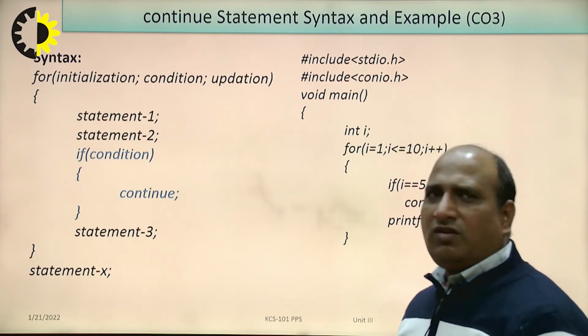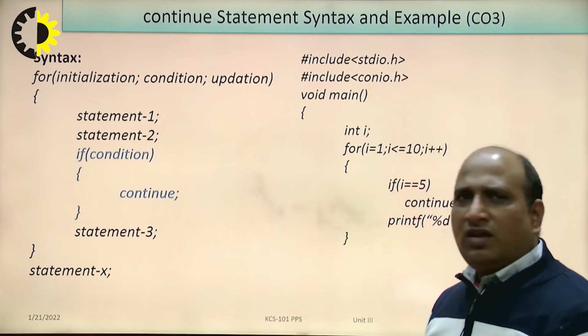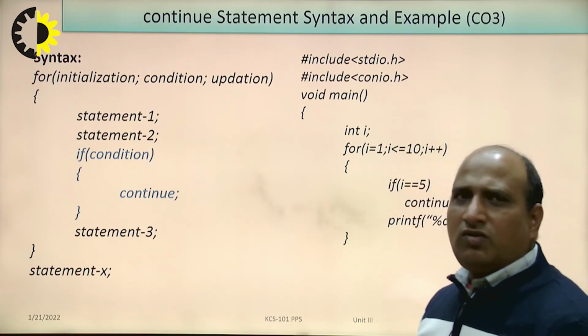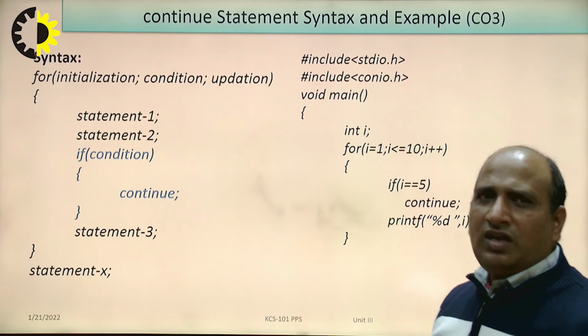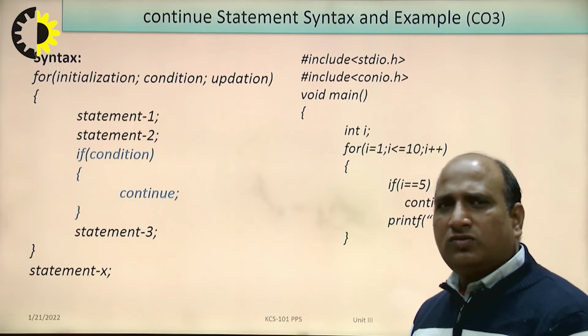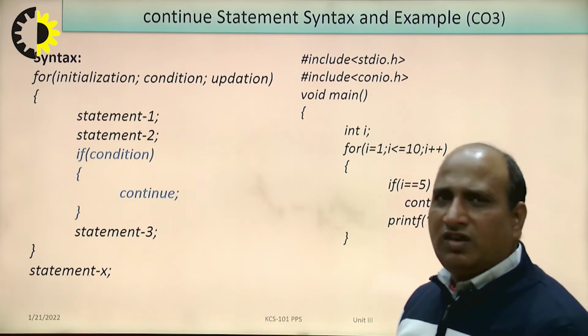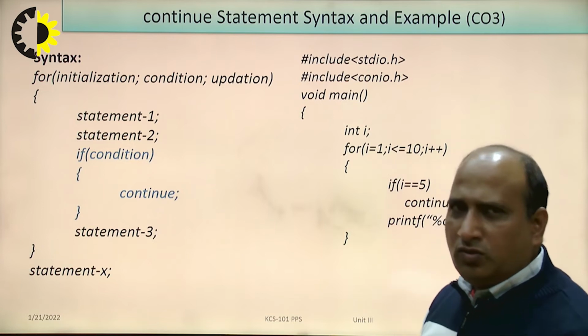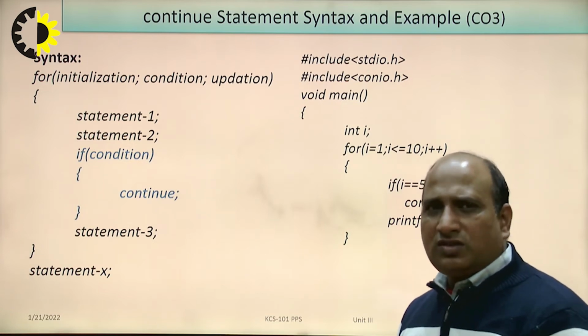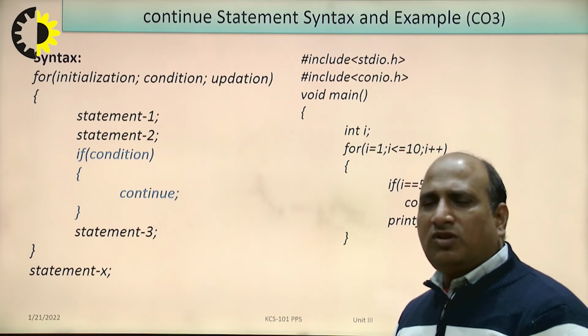Initially, when the loop initializes, i equals 1, 1 is less than or equal to 10, control will come to the body of the loop. i equals 5 is not true, so control will not go to the continue, it will go to the printf and i will be printed as 1. Then i will be updated to 2, 2 is less than or equal to 10 is true, again control will come to the body of the loop.